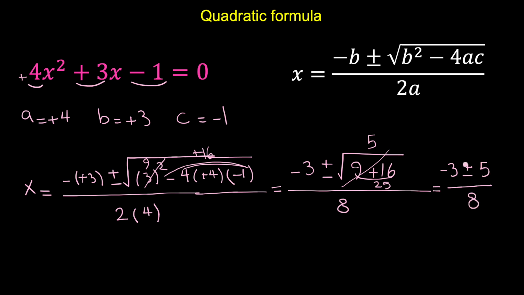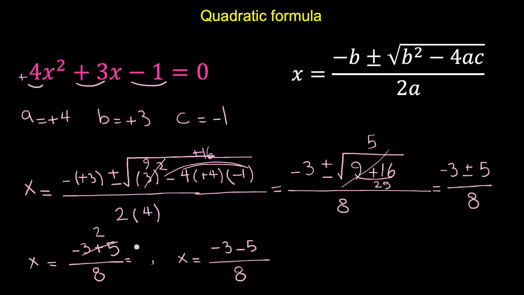And notice the plus or minus sign. It means that we have two different answers, and we need to break this up into two parts. So we have x equals minus 3 plus 5 divided by 8, and x equals minus 3 minus 5 divided by 8. So minus 3 plus 5 equals 2 divided by 8.